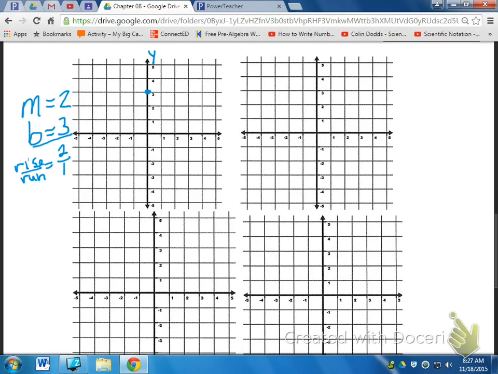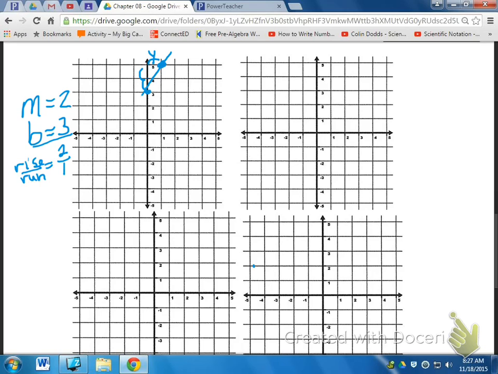So what you do, once you get your slope as a fraction, rise 2, run 1. I go back to my y-intercept where it's at 3, and I rise 2, and I run 1, and put my point. So I went up 2, ran 1 to the right, and there I've got my other point.